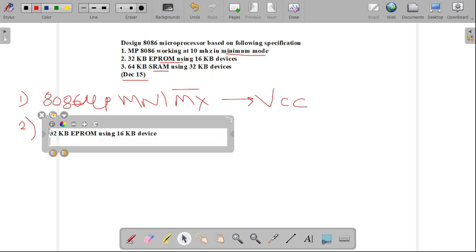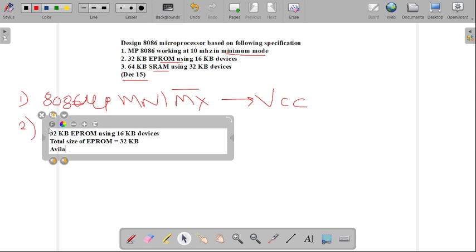First of all, we have to write what is the total size of our ROM. The total size of our ROM is equal to 32 KB, and the available size of our ROM, that is EPROM, is equal to 16 KB.